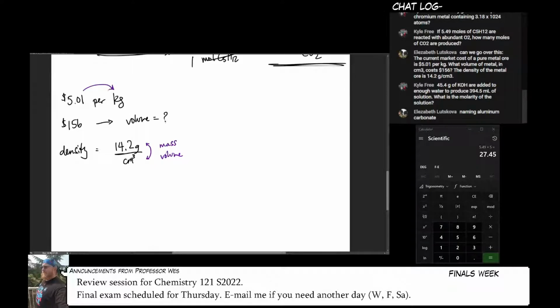And this conversion converts money to mass. And I want volume, and I've got money. So could you see that I could do something like money to mass to volume? From that, because I would turn this one into this, and then turn the mass into a volume. So let's do that.